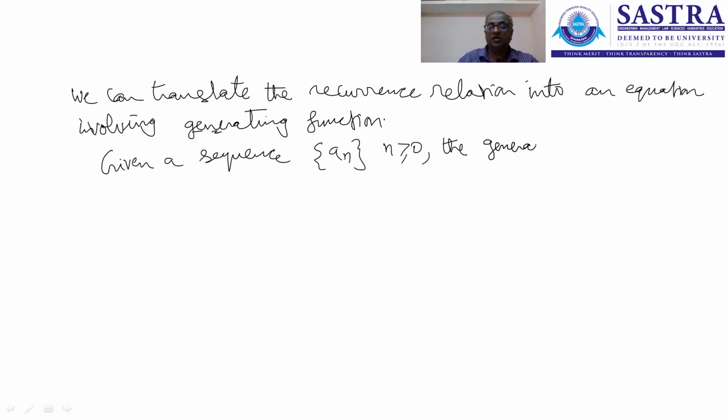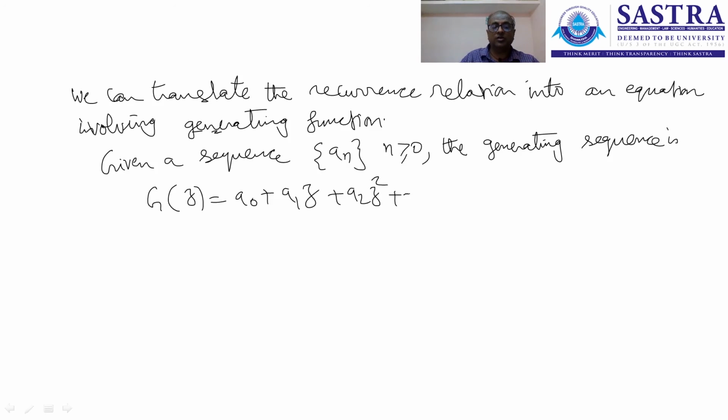The generating function is g of z, which would be a0 plus a1 z plus a2 z squared plus so on, plus an z power n plus so on. Okay, so now you have a generating function like this.